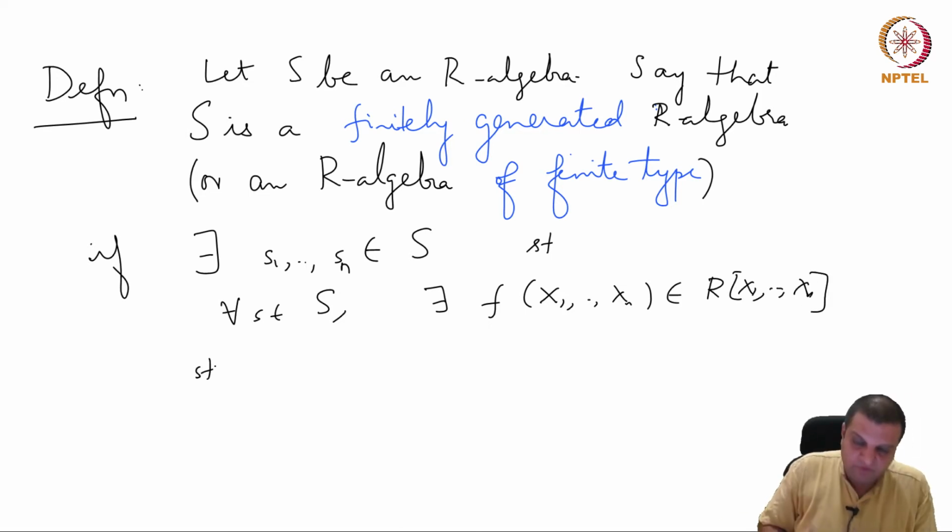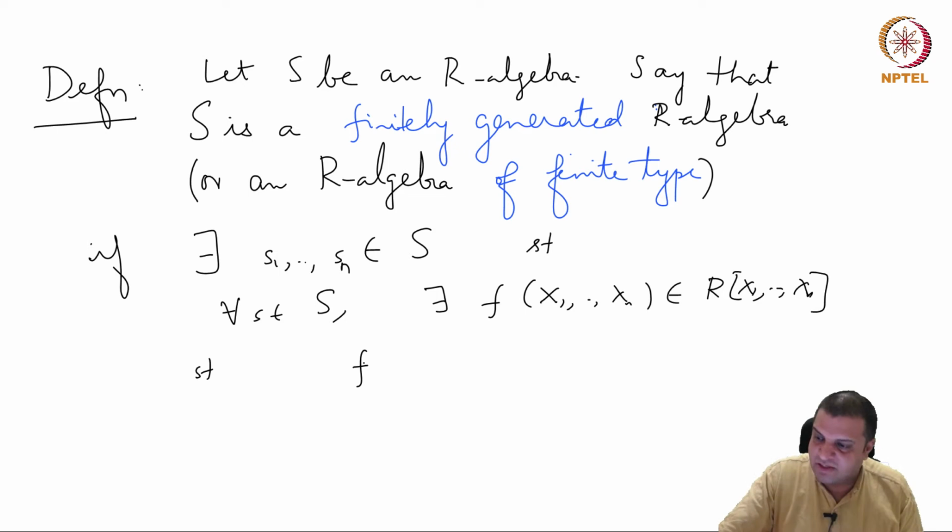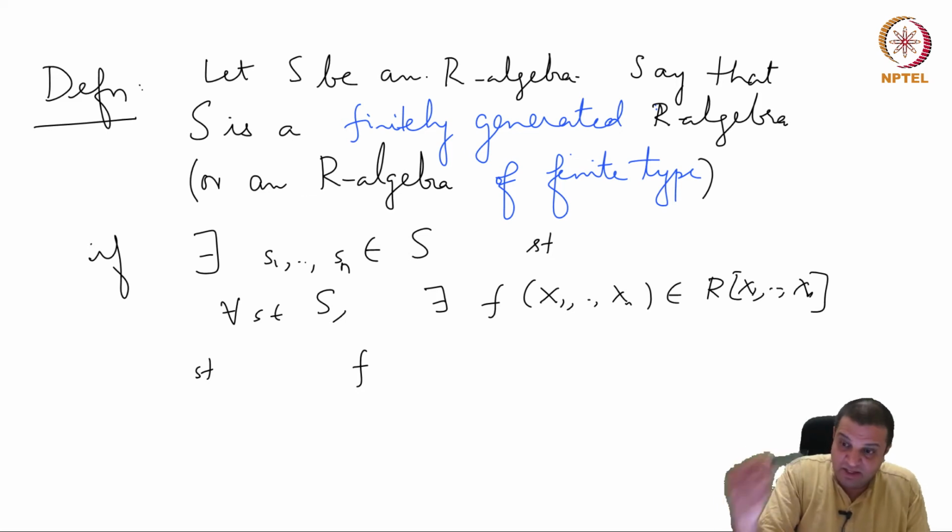such that if you take F, okay, so I apologize, I forgot a piece of notation. When we say S is an R algebra, it comes with the information about a ring map from R to S. Often we will not label it or we will not need it, but here we do.